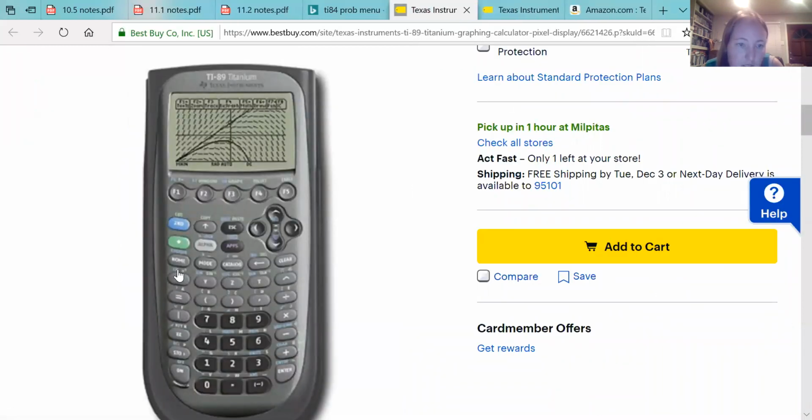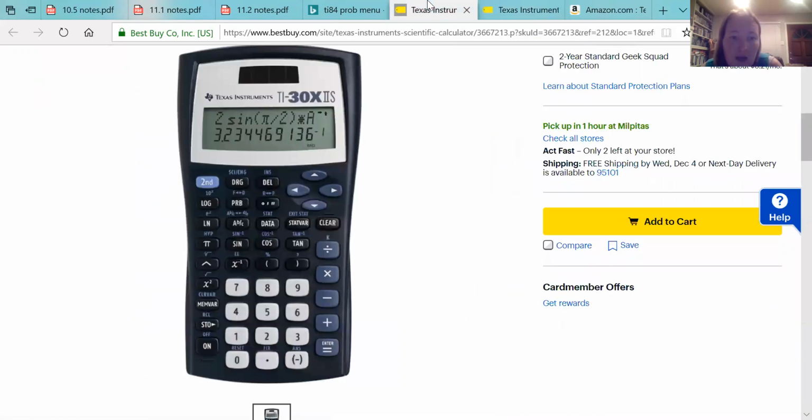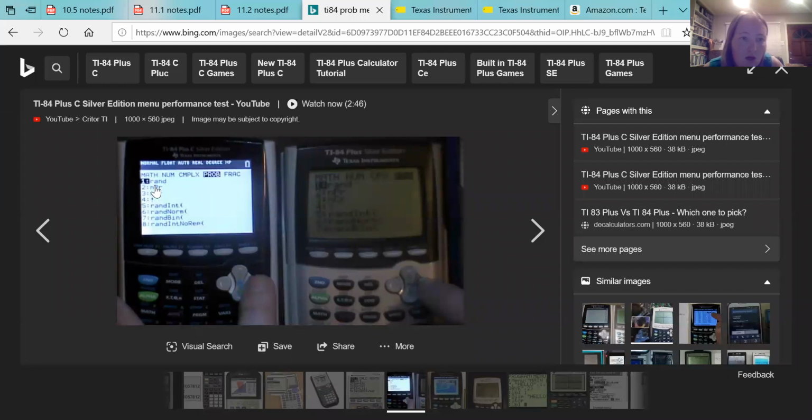With the TI-89s, the second and the 5 gets you a math menu, and in math you can find some of the probability menu options. And with the 84, again, there is a math option right here, and you scroll over using the right arrow to the probability, and there's the factorial.